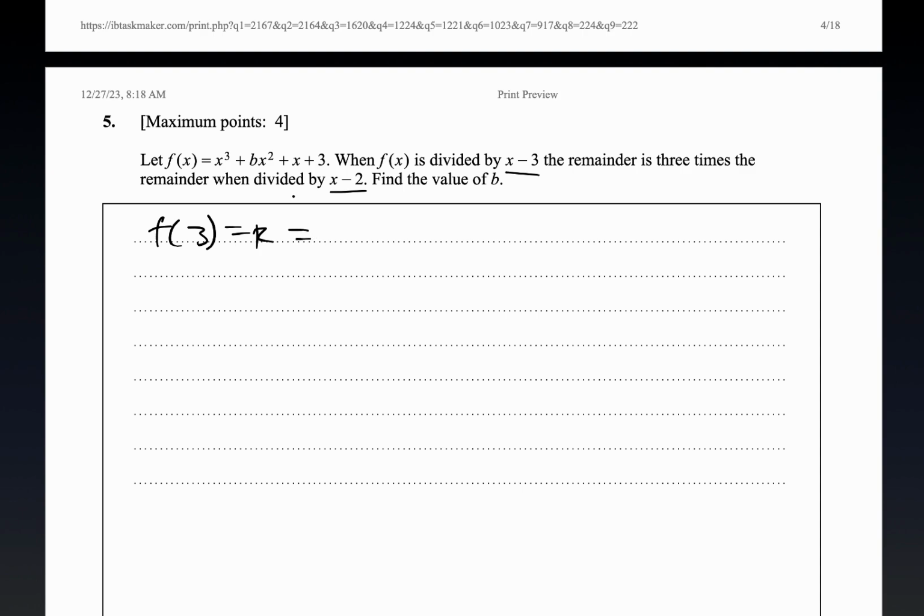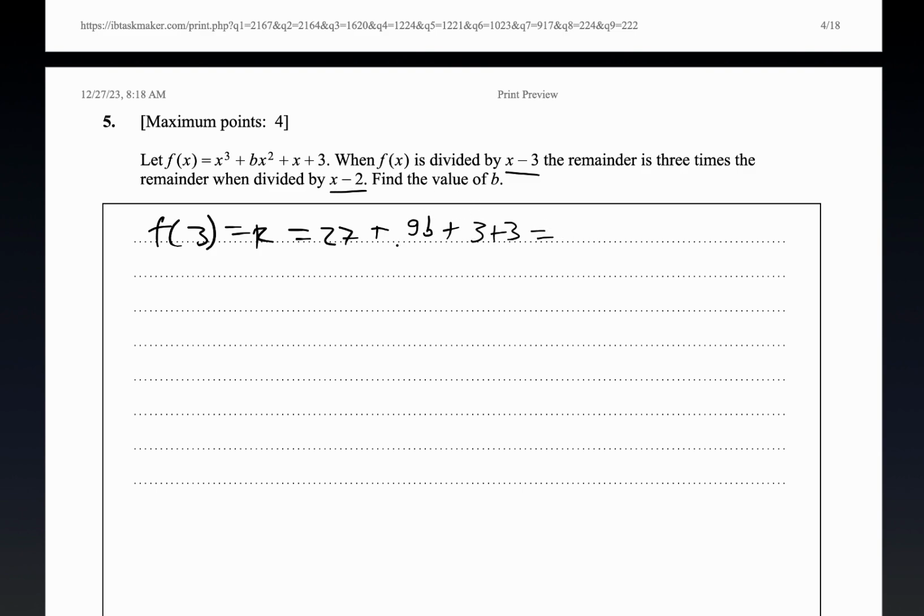So let's see. 3 cubed was 27 plus 3 squared times b, which is 9b, plus 3 plus 3.